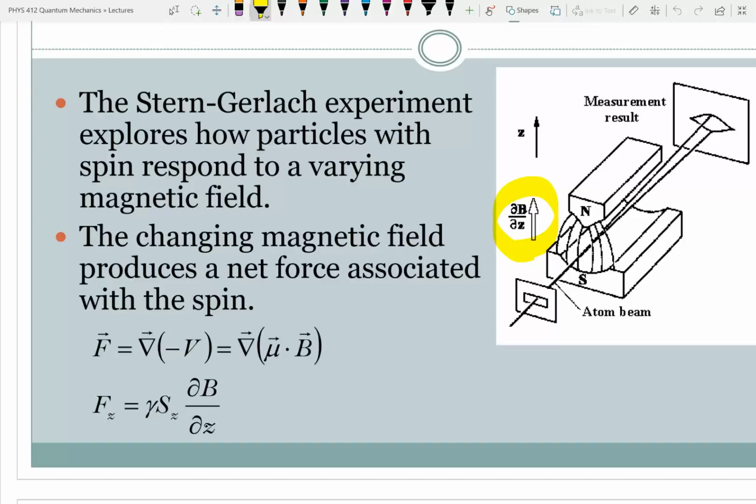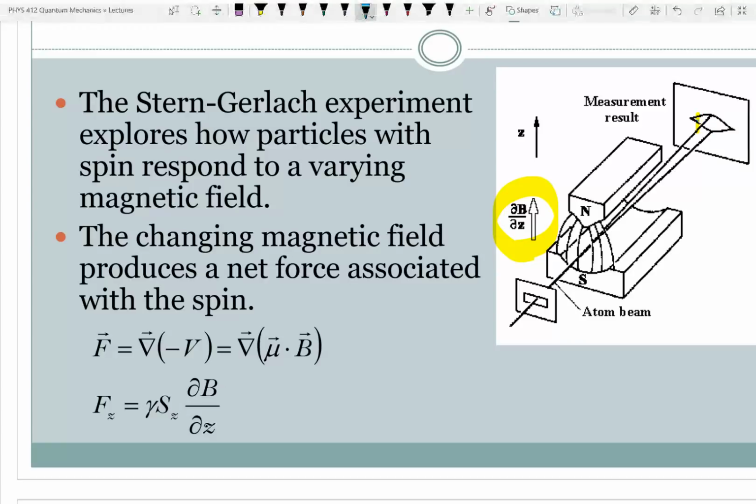It actually says atom beam, so that goes along with the silver ions. Let's shoot those particles through the magnetic field. And if the orientation of the magnetic moment is uniformly distributed, then we should see the electrons striking.